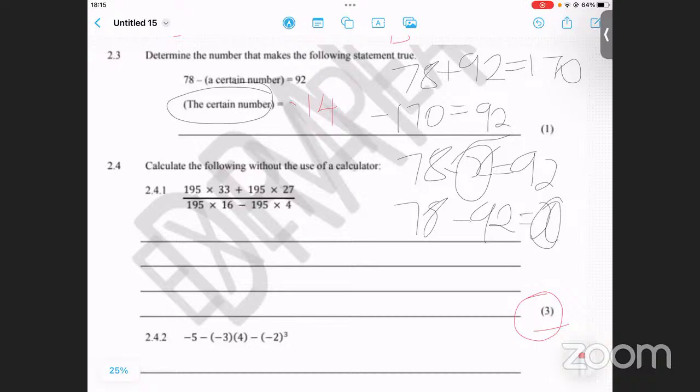Then, ma'am, I did the bottom parts. 195 times 16 gave me 3,120, and 195 times 4 gave me 780. And then I added 6,435 plus 5,265, it gave me 11,700. And then I added 3,120 plus 780, it gave me 2,340.